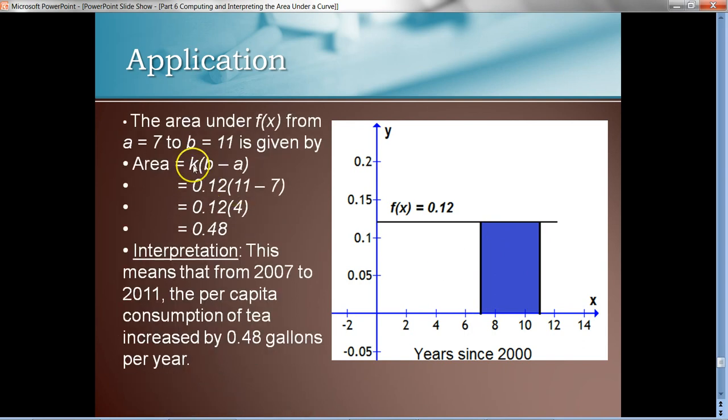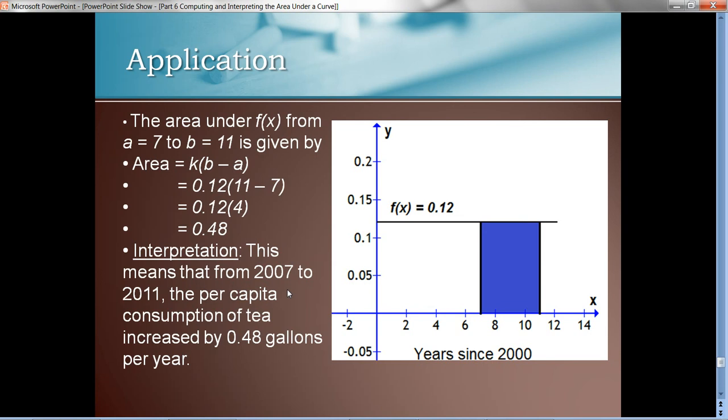So here we go. k is 0.12, b is 11, and a is 7. 11 minus 7 is 4, so we get 0.12 times 4. That's 0.48. So let's think of what this means. From 2007 to 2011, the per capita consumption of tea increased by 0.48 gallons.